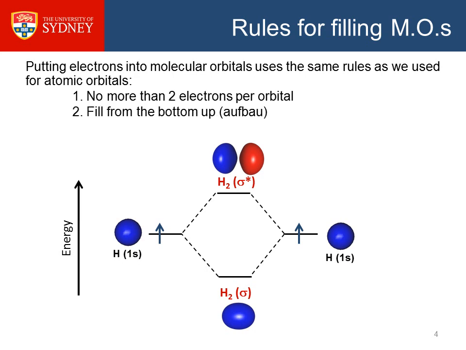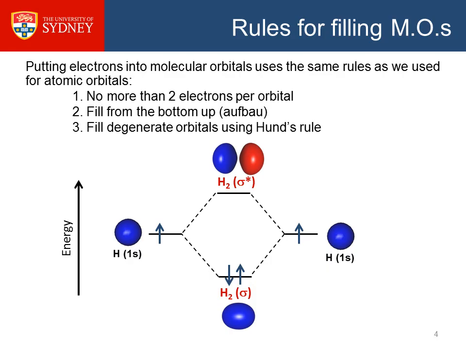We have to fill the orbitals from the lower energy up, and we fill degenerate orbitals according to Hund's rule, meaning all electrons have to be unpaired to start with. In the case of the hydrogen molecule, the 2 electrons in the 2 atoms fill the bottom sigma bonding orbital.